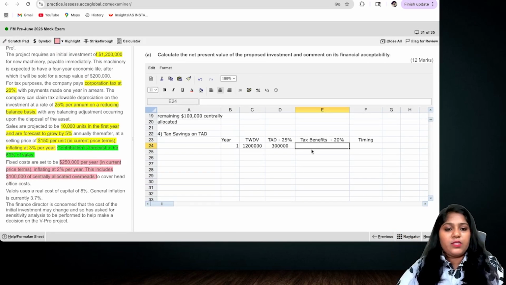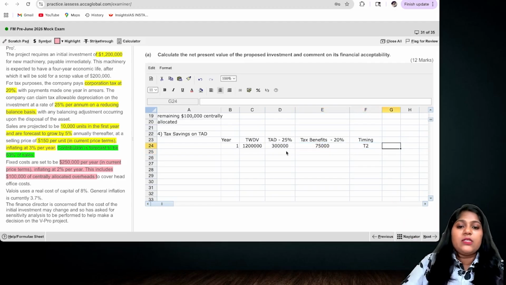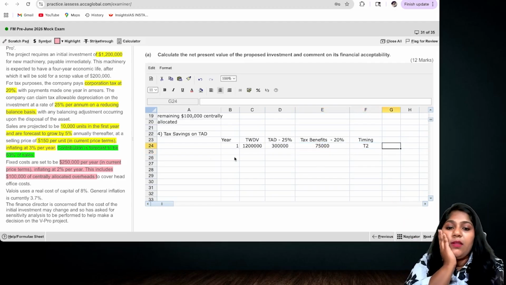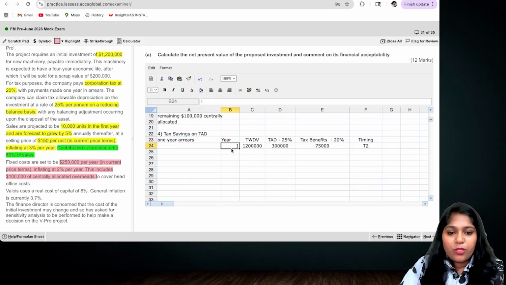Now the tax benefits will be on $300,000. 25% will be my tax benefits. And the timing, it will happen in T2, that is year 2, because tax payments are paid in arrears, one year arrears. Likewise, now go to year 2, guys. Your tax written down value is this minus this.